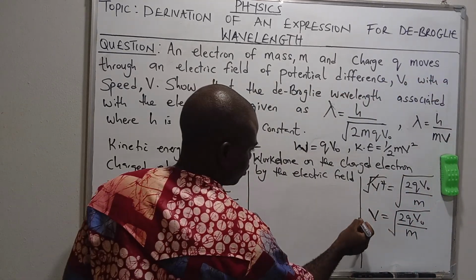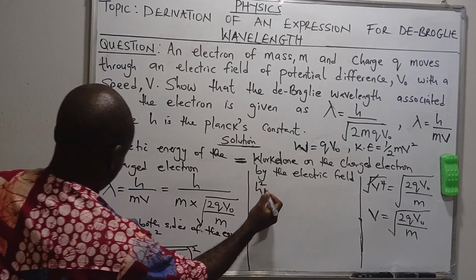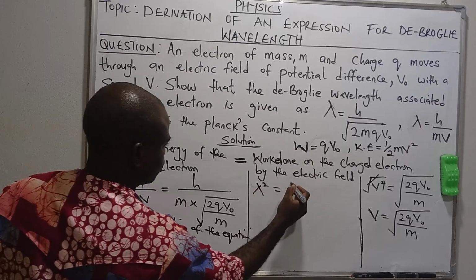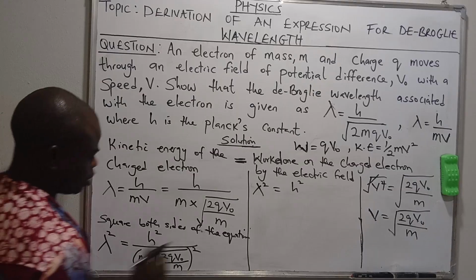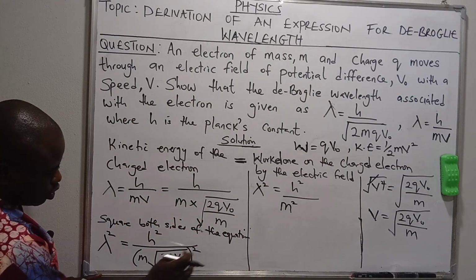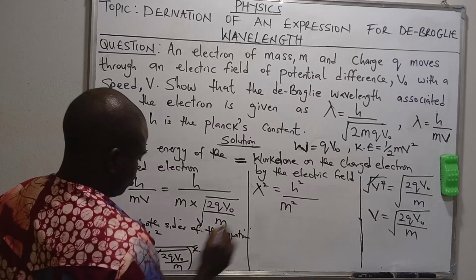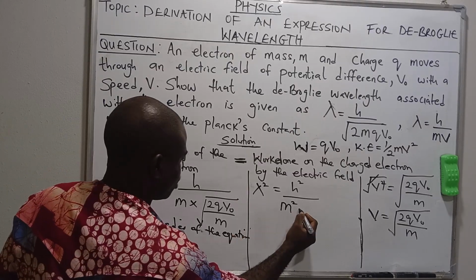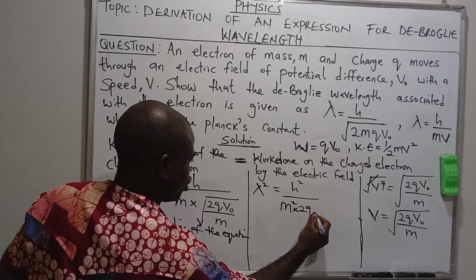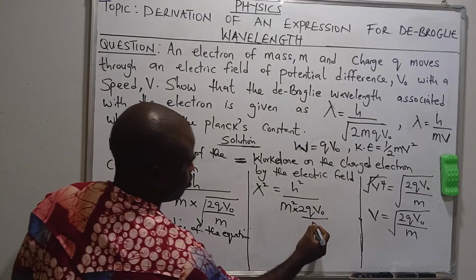When you do that, this one now becomes wavelength squared, because h squared, this one will be squared, m squared, and this square root will cancel these two. You are left with 2 multiplied by 2qV naught over m.